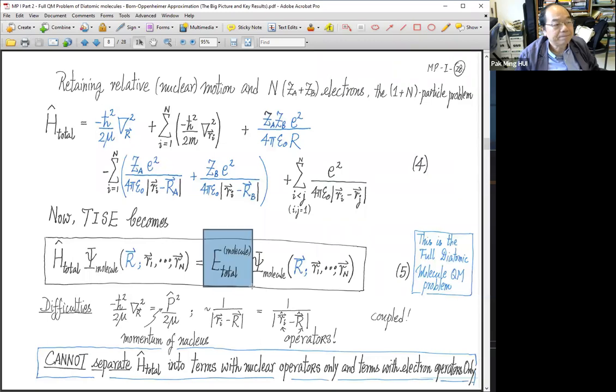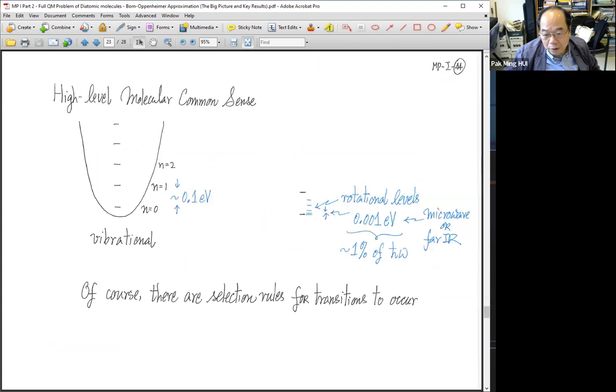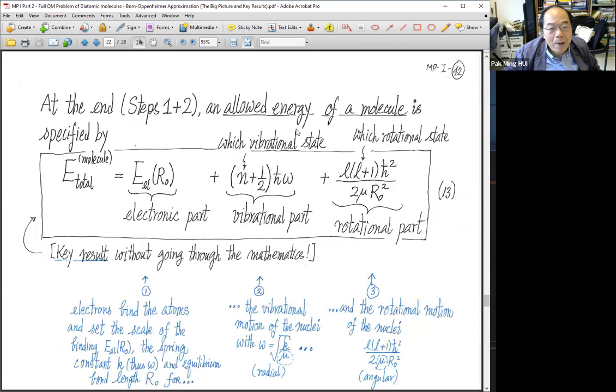It includes both the electron and the nuclear contributions, but in an approximated way, in the Born-Oppenheimer approximation. So at this point, let's take a break, and then I will continue on to give you some ballpark numbers.